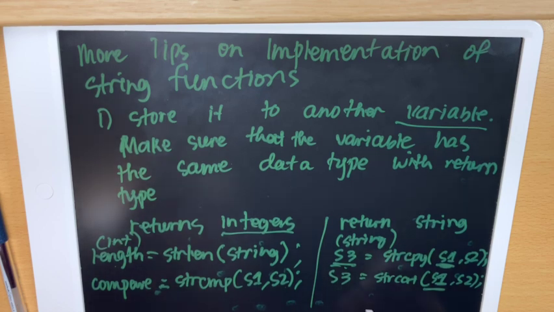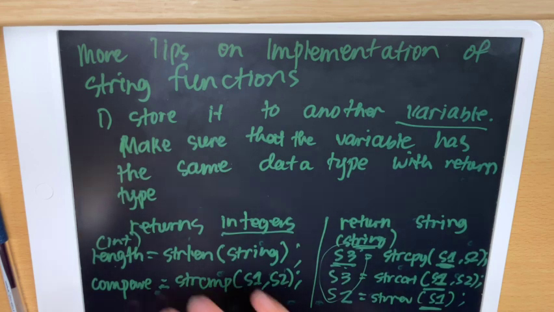And there's one more I didn't introduce, string reverse. Say you want to reverse a string and put it in a variable string 2, but make sure that these variables are the same type so that you will not meet an error.